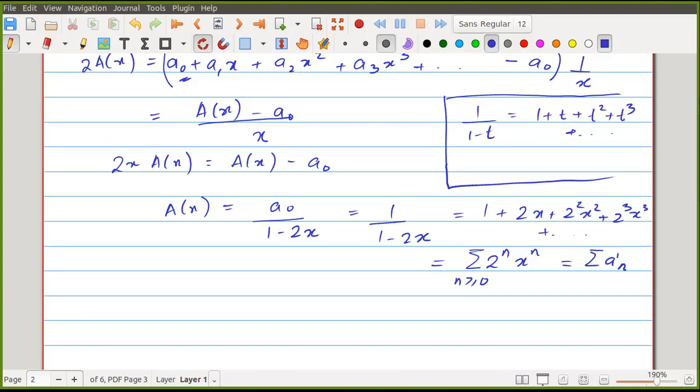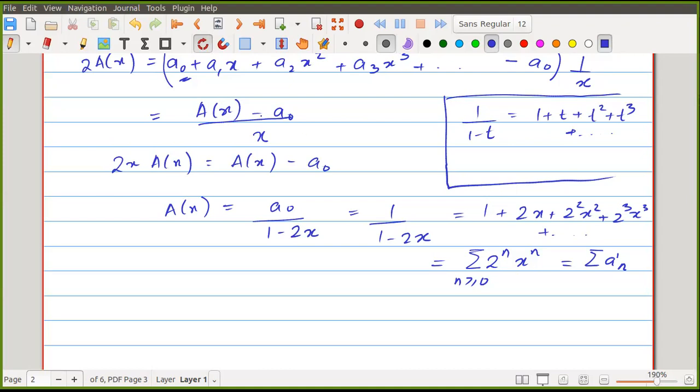Using the simple binomial expansion. So this is how we get that 1 upon 1 minus 2x is 1 plus 2x plus 2 square x square, 2 cube x cube and so on. And then this I write as summation 2 raised to n x^n, n starting from 0.